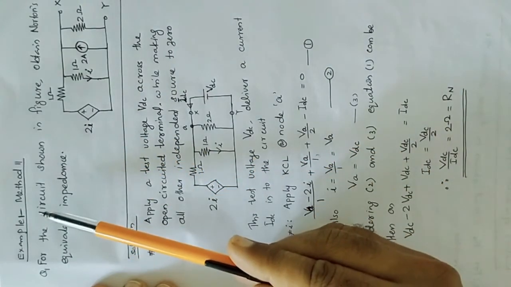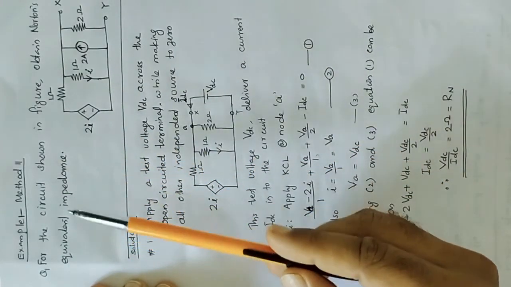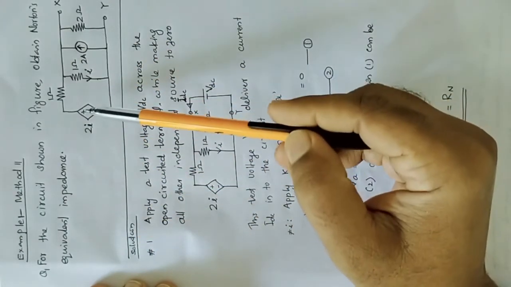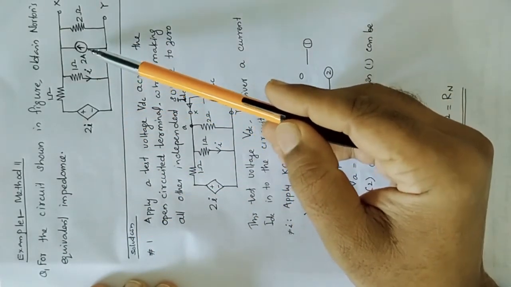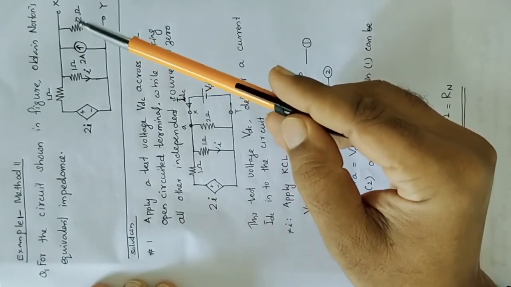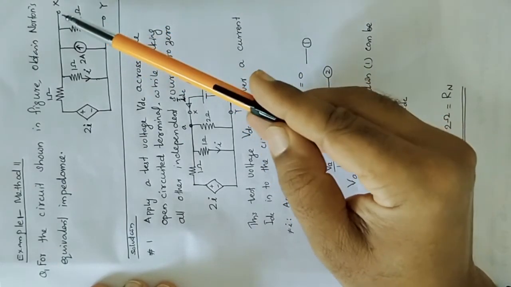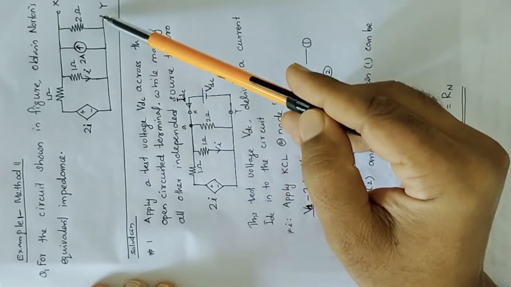So in method 2, in order to find the Norton equivalent impedance, the first step is to remove all the independent sources, and after that apply a test DC voltage source across the open circuit terminals.